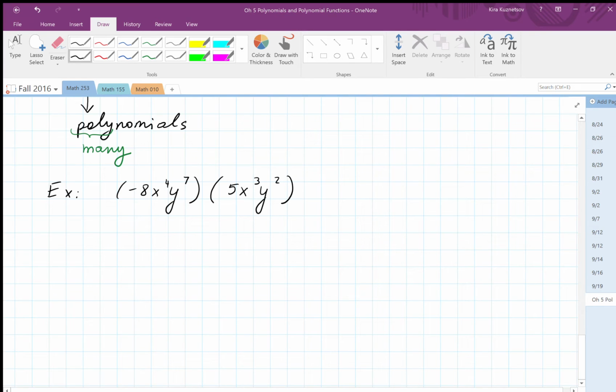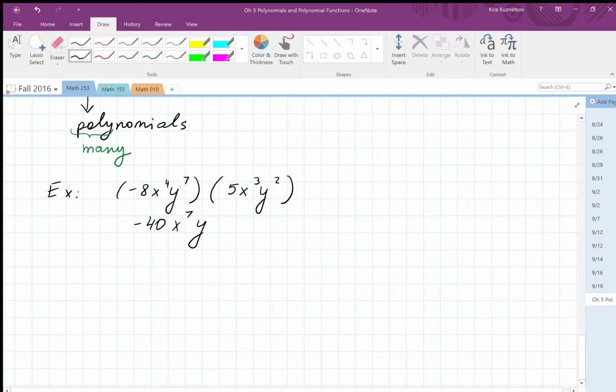This is something that we've seen in chapter 1, because all we're doing is we're multiplying numbers together and adding exponents on the x and adding exponents on the y. So negative 8 times 5 is a negative 40. X to the power of 4 times x to the power of 3, you need to add the exponents, so that becomes a 7.